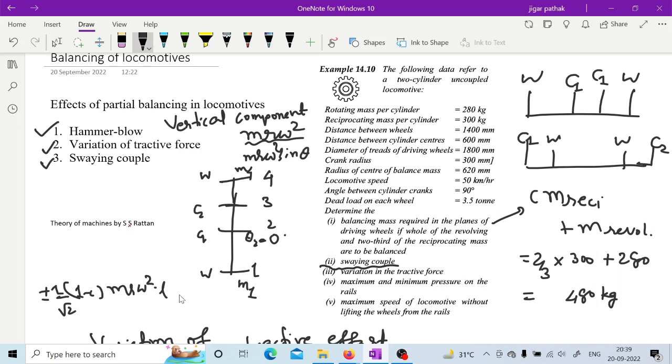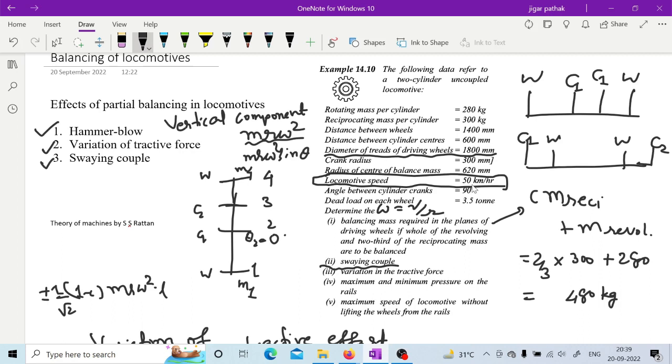Omega you need to calculate from v, the locomotive speed, and the radius is provided. The diameter can be converted to the radius. So omega you have to calculate from v by r.